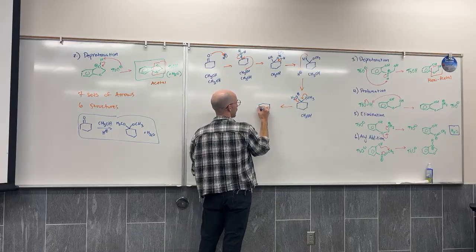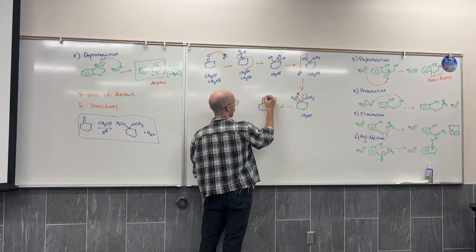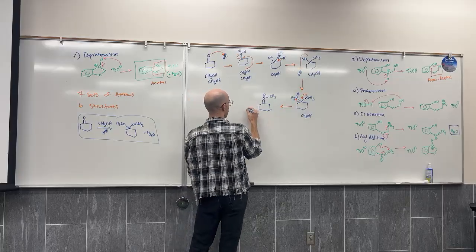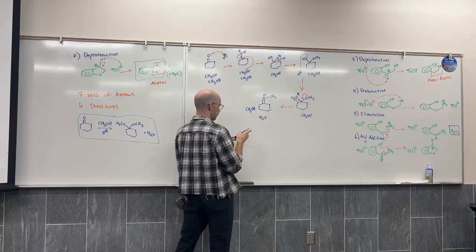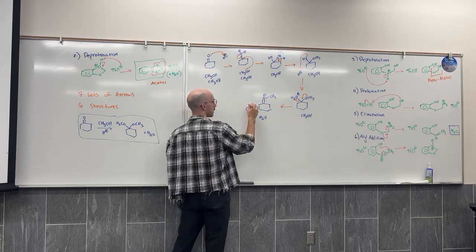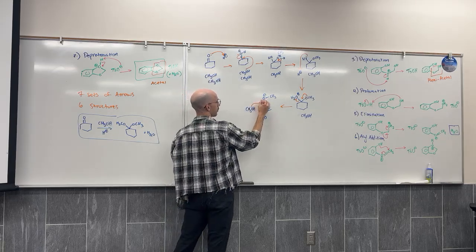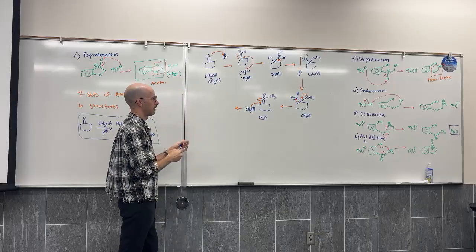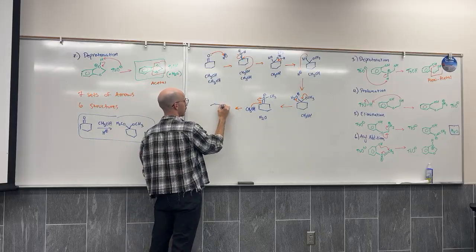The ether is helping to kick off water because the ether forms this pseudo-carbonyl. Because I've formed this pseudo-carbonyl, I can once again do acyl addition, this time with my second equivalent of methanol.